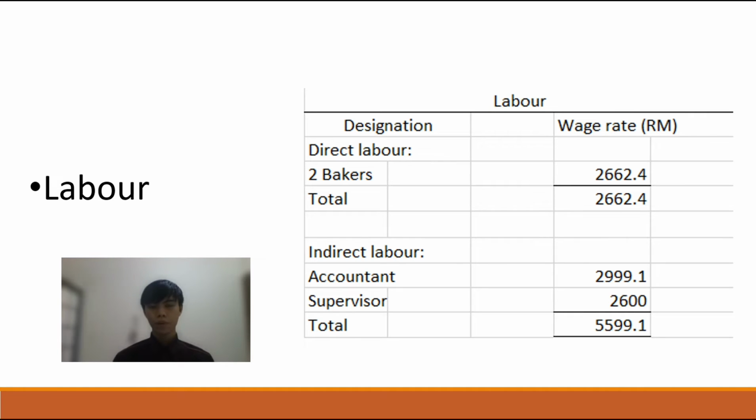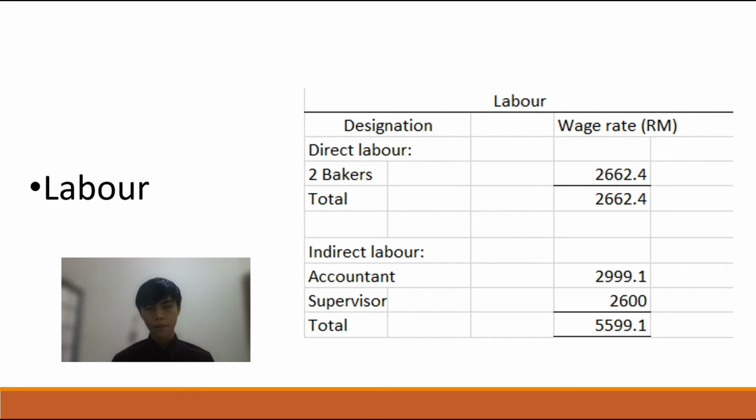Now we move to labor. For our labor, we have two types, which are direct labor and indirect labor. For direct labor, we have two bakers working at the production site, and the total wage for both bakers is 2,662 ringgit and 40 cents.